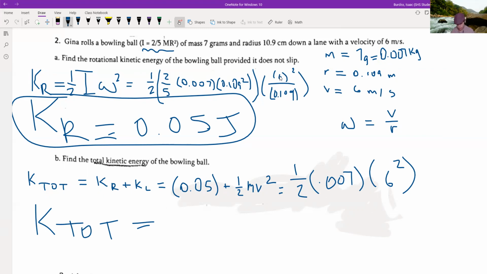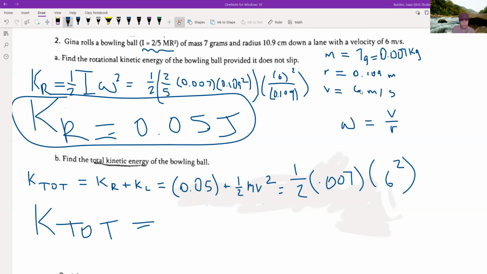Let me look at my calculator. 0.007 squared times 36 plus 0.05 is, the answer is, wow, that does not seem right. Well, hang on, let me look at the calculator on the computer instead.